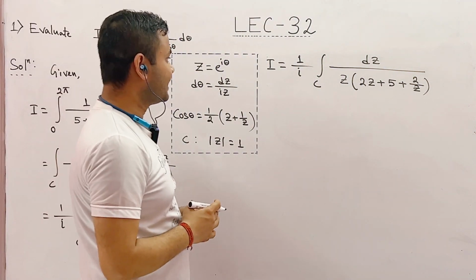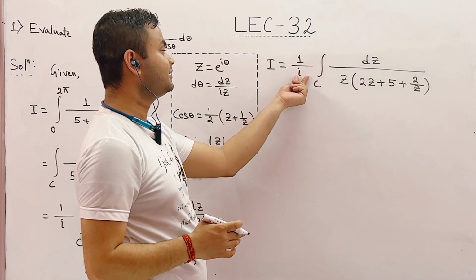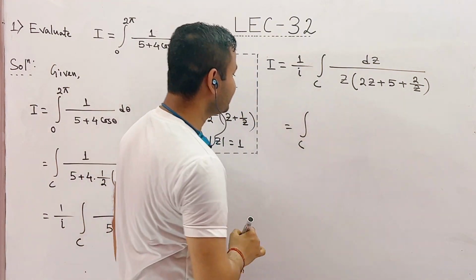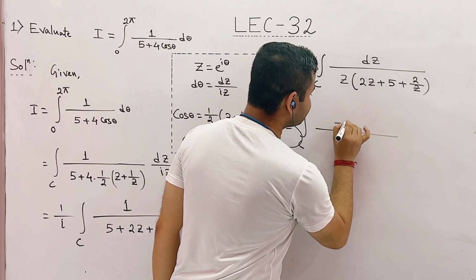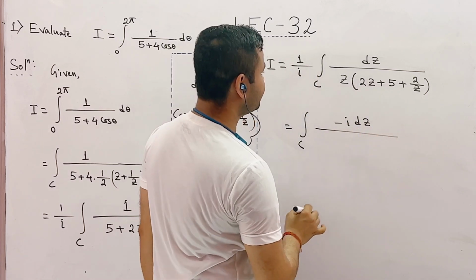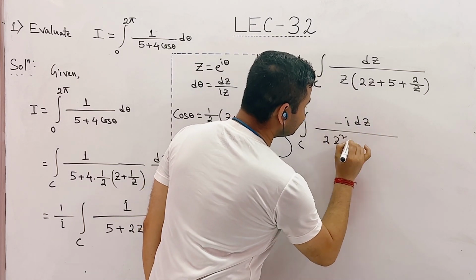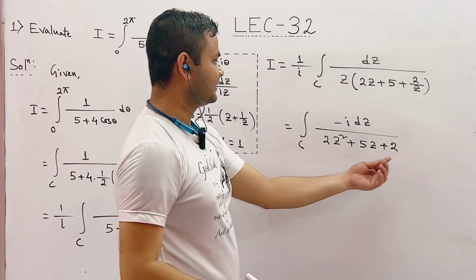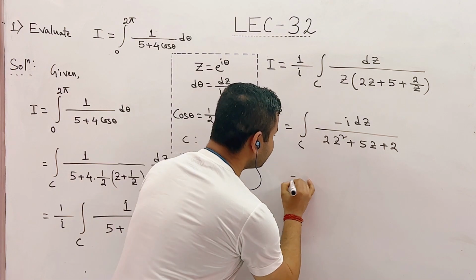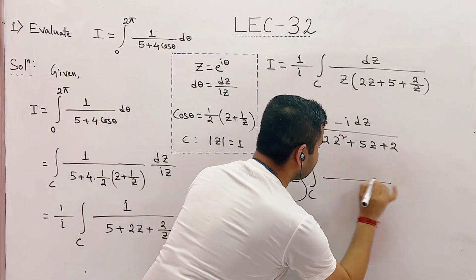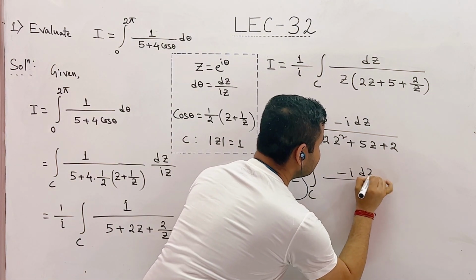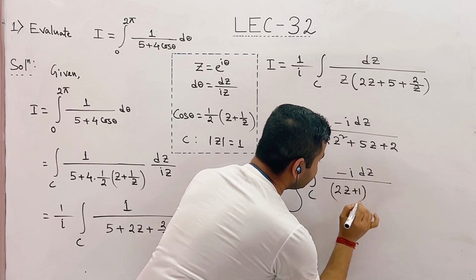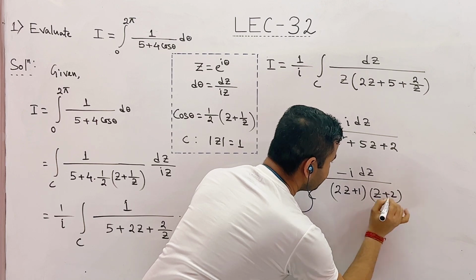Next, let us multiply both numerator and denominator by the term i. So, finally, we will get integration along curve C of minus i dz divided by 2z² + 5z + 2, and this denominator can be written as minus i dz divided by (2z + 1)(z + 2).